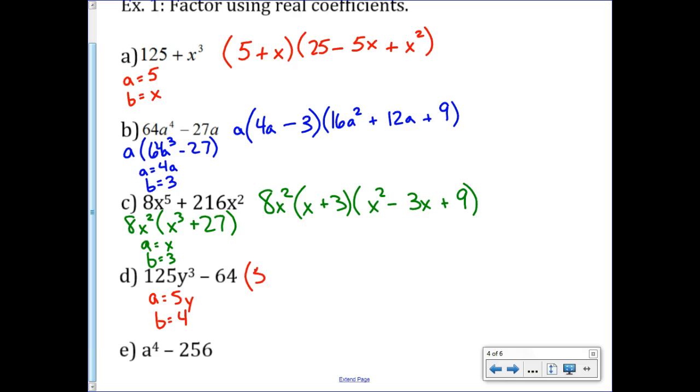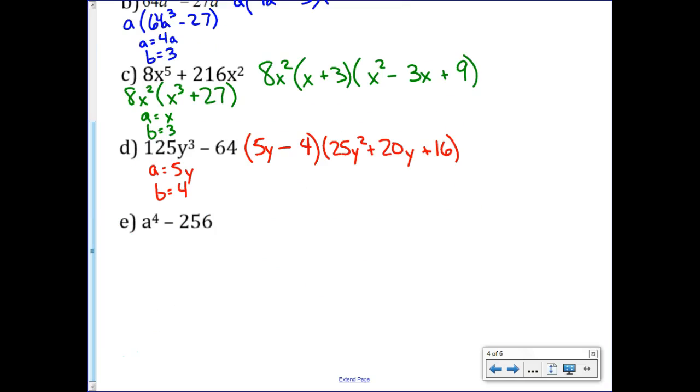So I have 5y and 4. And then I have 25y squared, and then I have 20y, and then I have 16. Same sign, opposite sign, always positive.